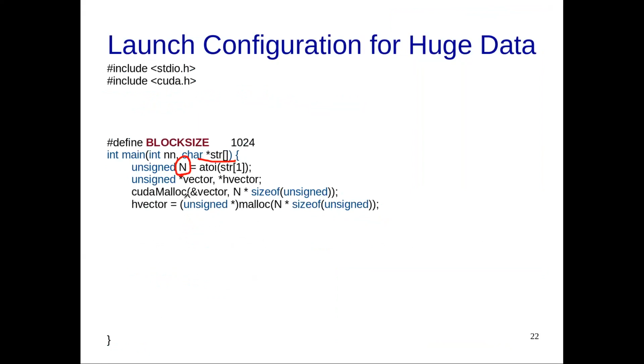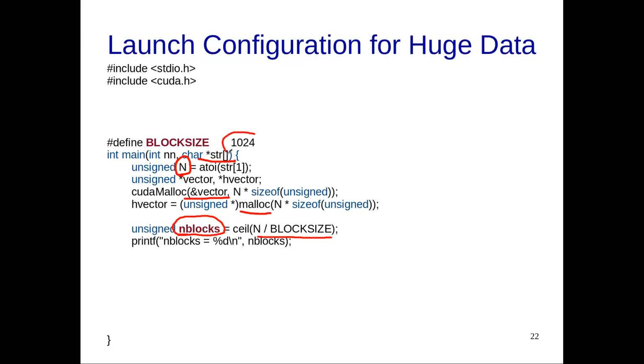I'm allocating an array of that much size, which I'm calling vector on the GPU and h_vector on the CPU. The number of blocks that I require is going to be n divided by the individual block size, because the block size is fixed as 1024. It's just the number of blocks that I can launch with a very large value. And therefore, if my problem size is n, I require n divided by 1024 blocks.